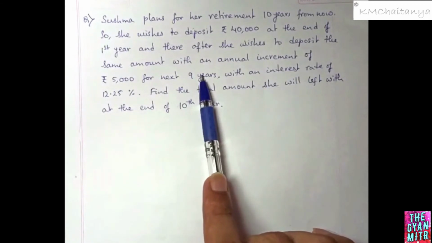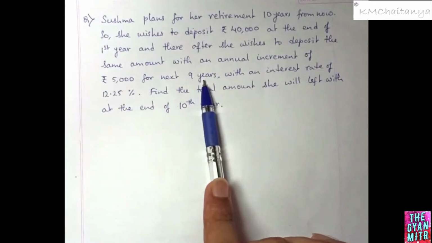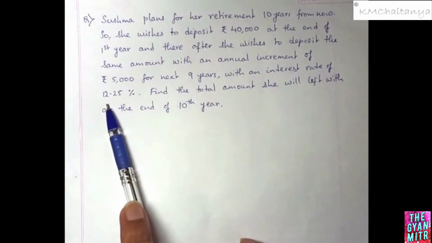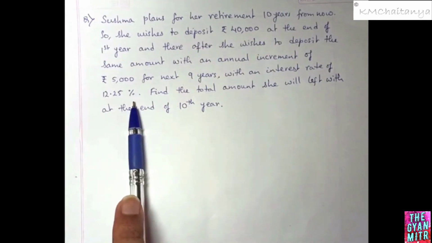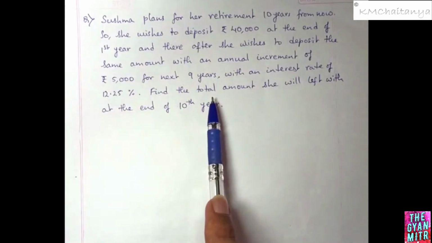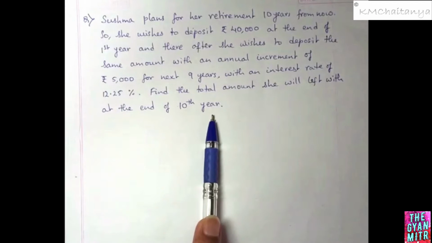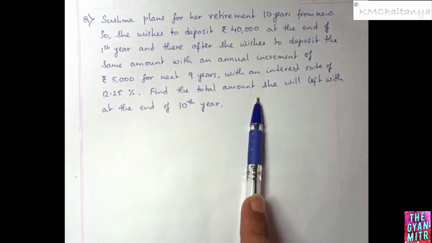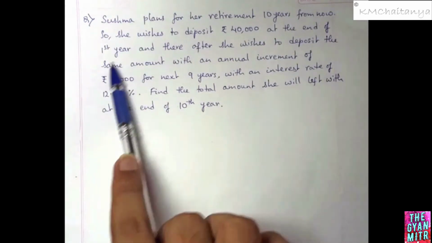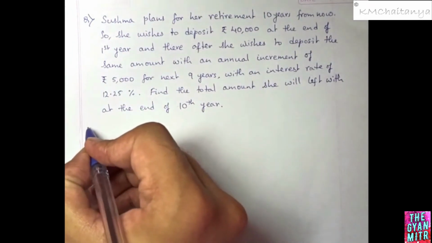Therefore the total investment period will be 1 plus 9, which is 10. For this the bank is going to give her 12.25% of interest. Now in this particular problem we are supposed to determine the total amount she will be having at the end of 10th year. So we are supposed to calculate the future value of the investment made by Sushma at the end of 10 years. So let's solve this particular problem.